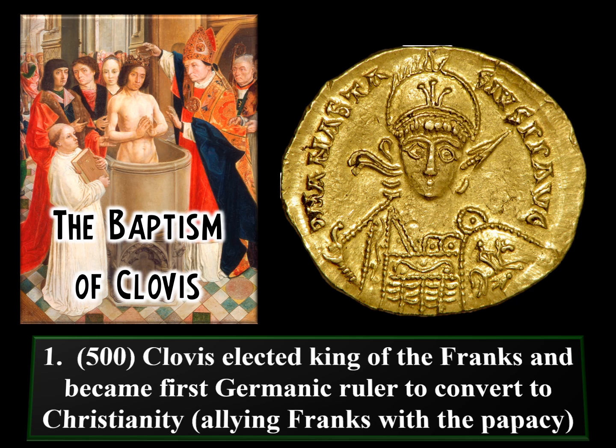And this allows for those Roman citizens that he now rules over to accept Frankish rule. It was a unifying force. And the Latin language that was spoken there already will be intermixed ultimately with the Frankish language to form what is now known as French, the Latin based language of French.